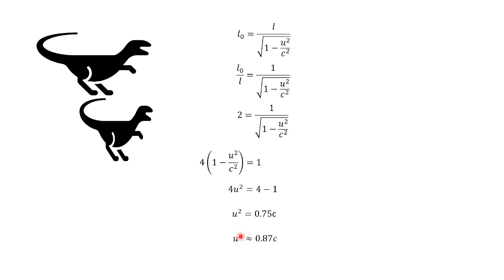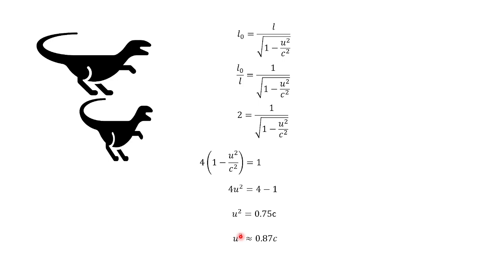So you have to move at 0.87 the speed of light in order for your length to be contracted by a factor of 2. So that's how fast this Tyrannosaurus Rex is, almost the speed of light.